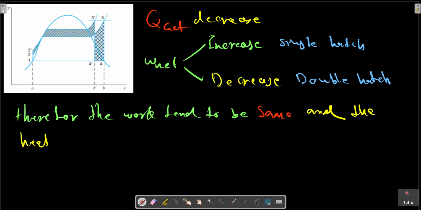Therefore the network tends to remain the same, but the heat rejected decreases.